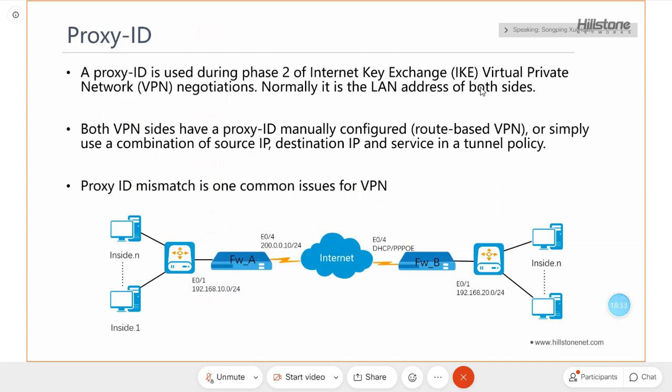You need to manually set the proxy ID on both sides, or you can simply use the combination of source IP, destination IP, or service in the tunnel policy to control the communication. If you are using route-based VPN, it's better to manually set the proxy ID between both sides for access control.